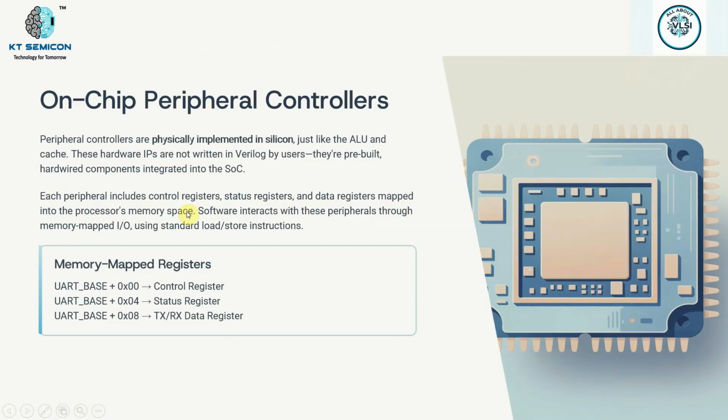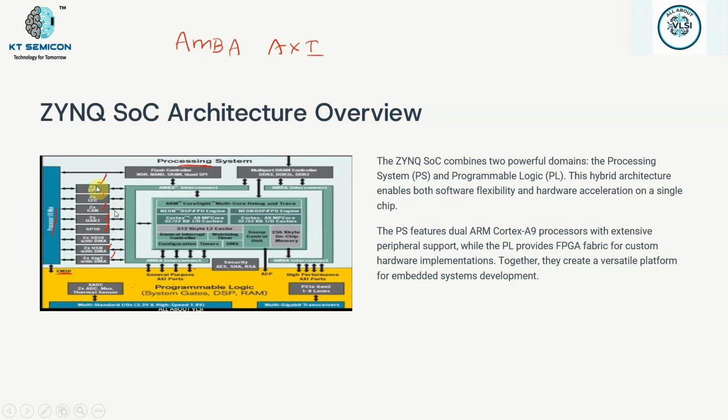So we are going to use a software language like C or C++ for interacting with these peripherals. For example, if I want to communicate with a UART IP, I cannot directly establish the connection from my FPGA side to this UART IP.